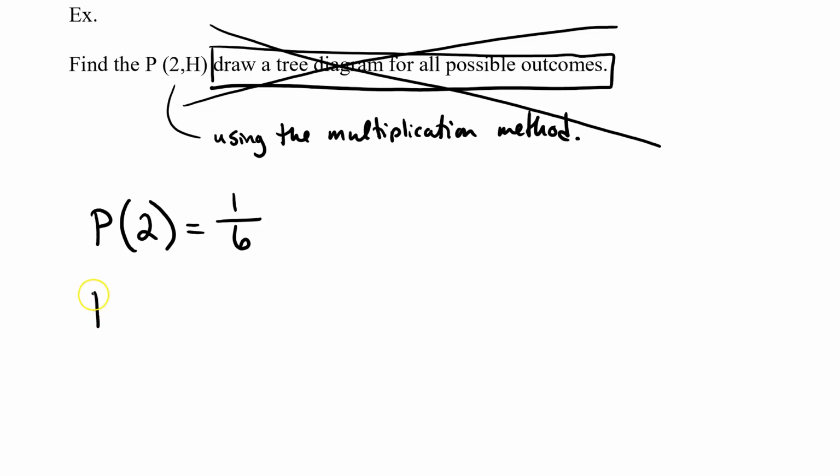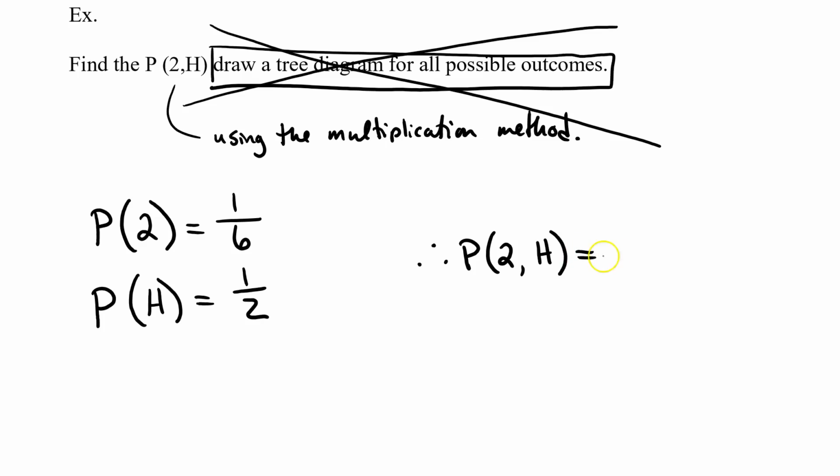And the probability of tossing heads is going to be 1/2, because it's either heads or tails. So therefore the probability of rolling a 2 and tossing heads is going to be 1 over 6 times 1/2, which is 1 over 12. Luckily, we don't have to reduce anything here. We can just give our final answer as 1 over 12.